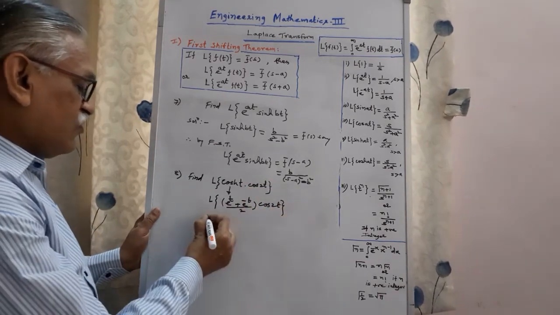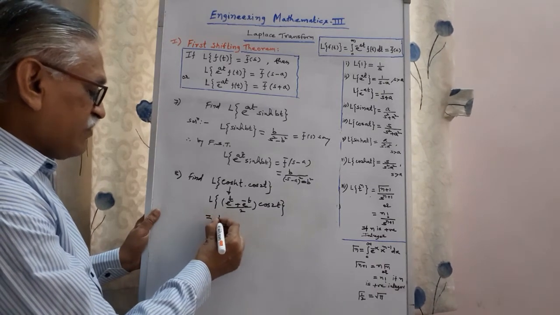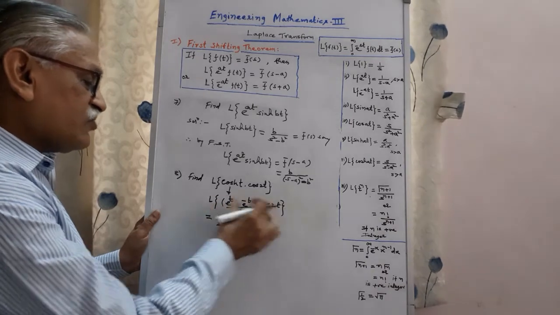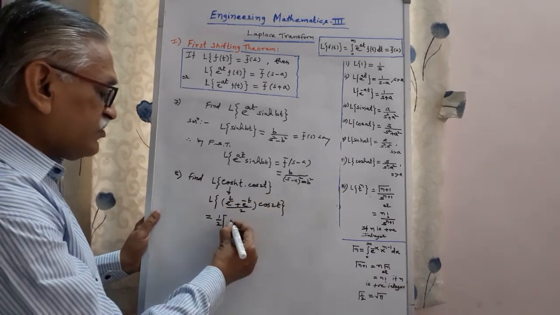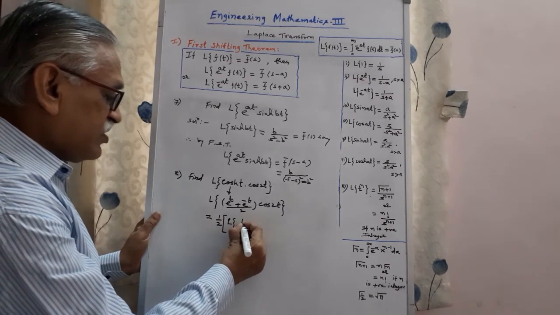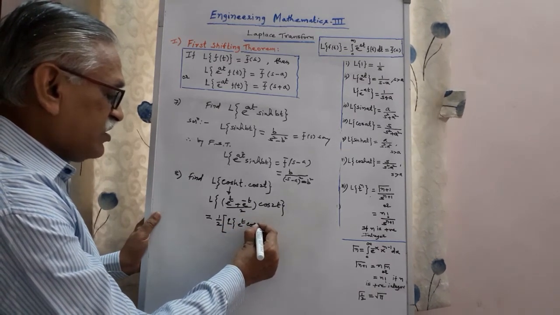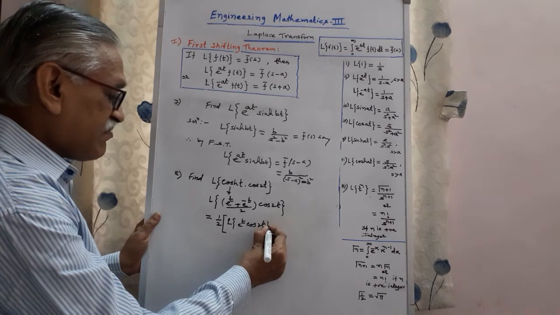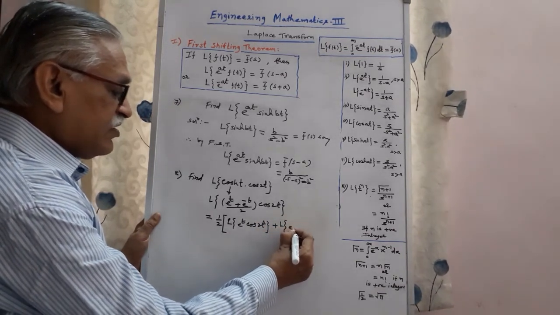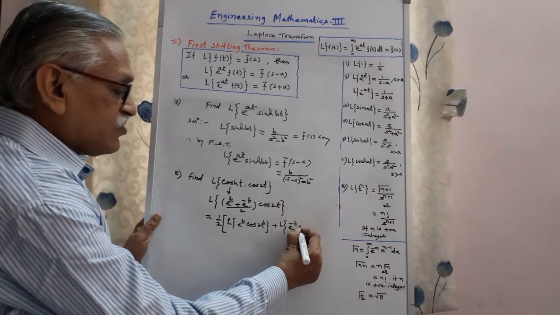Okay, therefore it is equal to 1 by 2, the constant I can take outside, and the Laplace of two terms. What are the two terms? Laplace of e raised to t into cos of 2t, plus Laplace of e raised to minus t into cos of 2t.